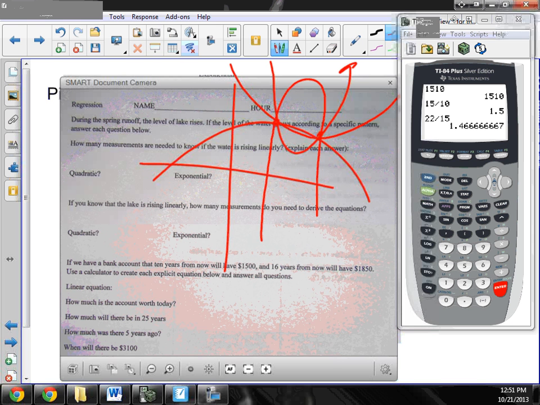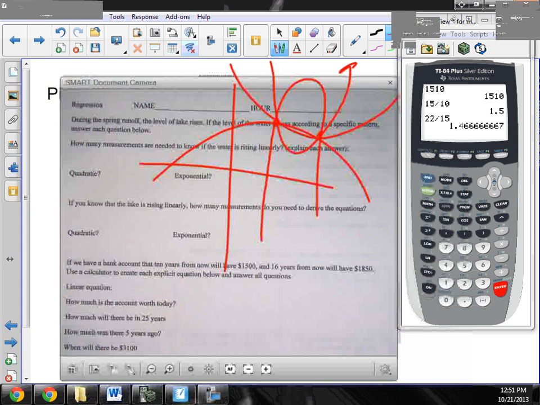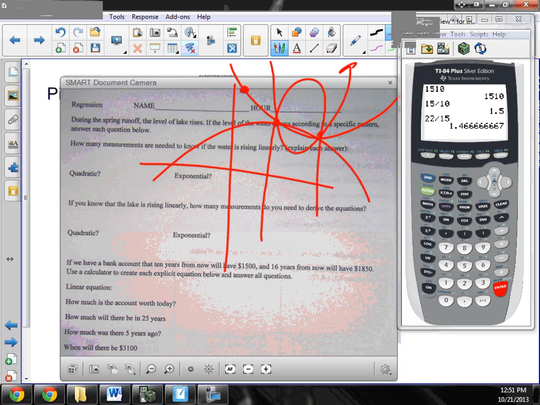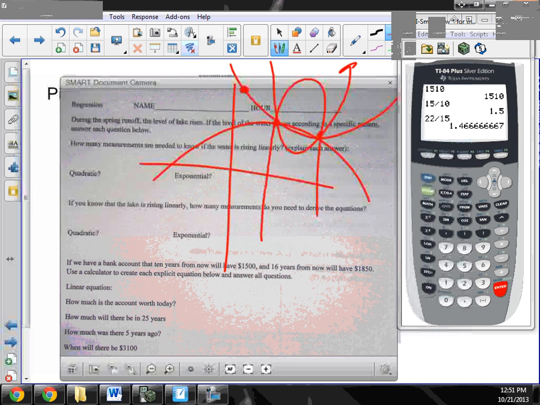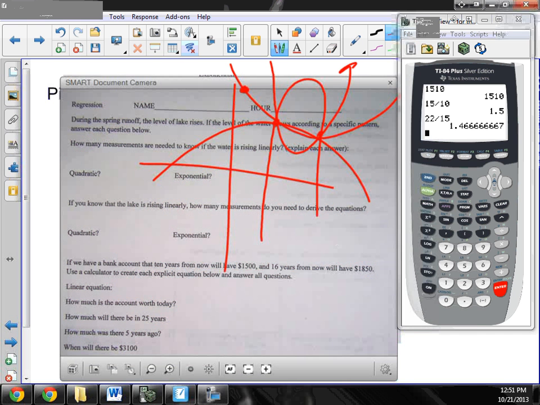There are an infinite number. So in order to figure out exactly which parabola it is, you need a third point. The reason being, in a quadratic table, you need to know the second difference in order to figure out what the equation is. And it takes 3 numbers to create a second difference. 2 numbers will make a first difference, but you need a third number to create that second difference.